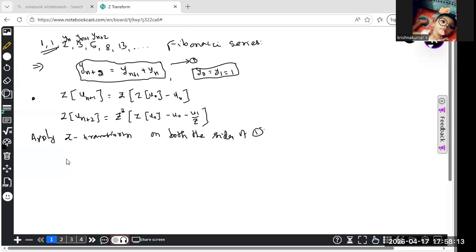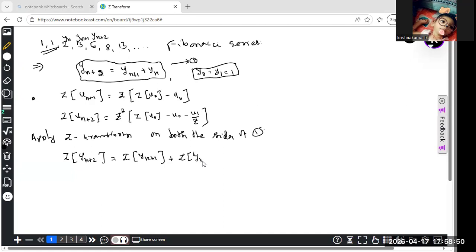So this expression becomes the Z transform of y(n+2) equal to the Z transform of y(n+1) plus the Z transform of y(n). Here the Z transform satisfies the linear property, so I can apply that linear property on the right side.